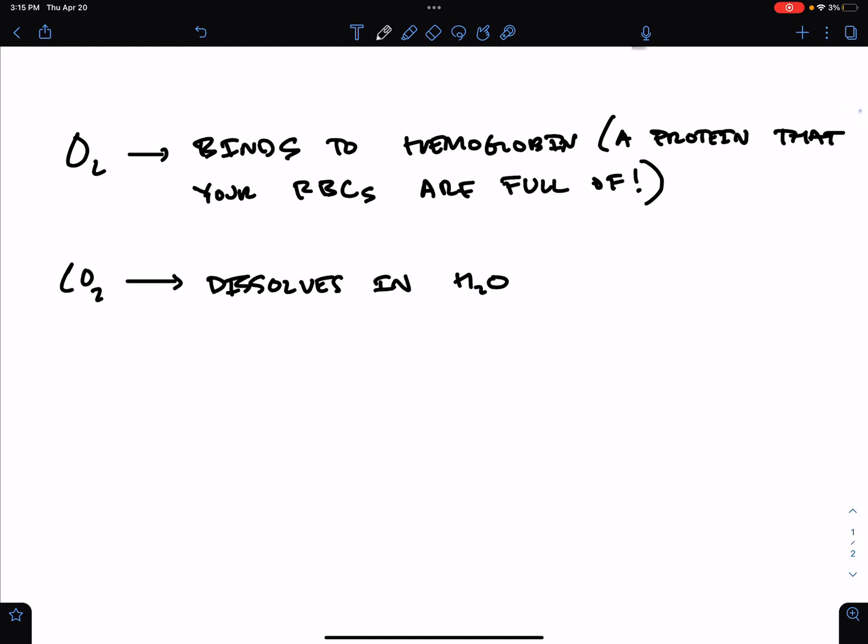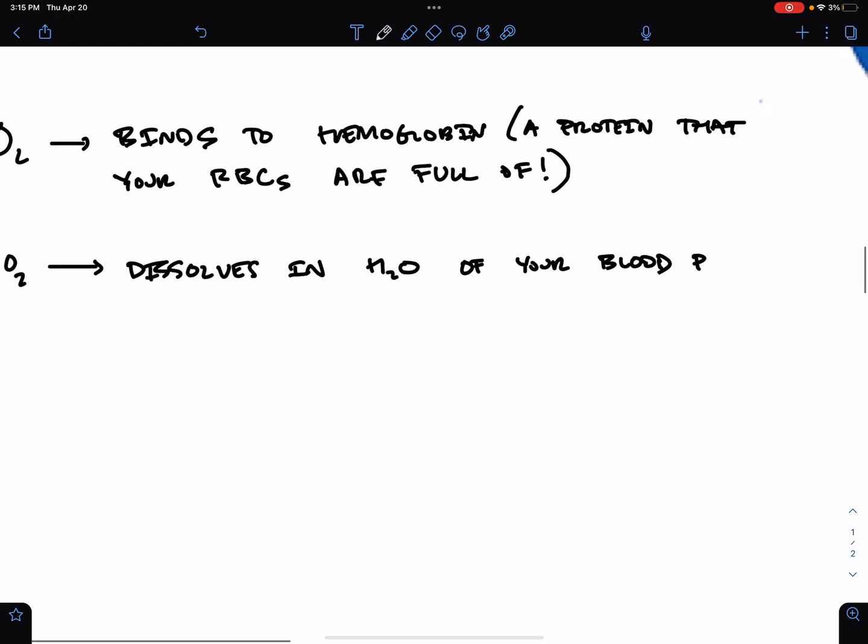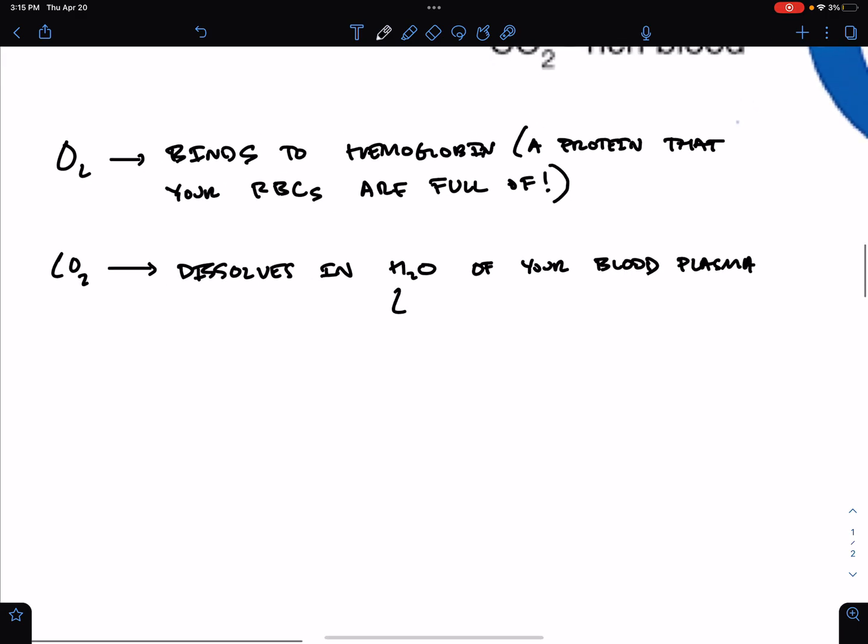So CO2 dissolves in the H2O of your blood plasma. And when CO2 dissolves in water, it becomes carbonic acid.